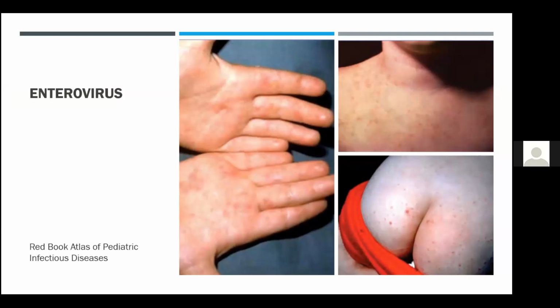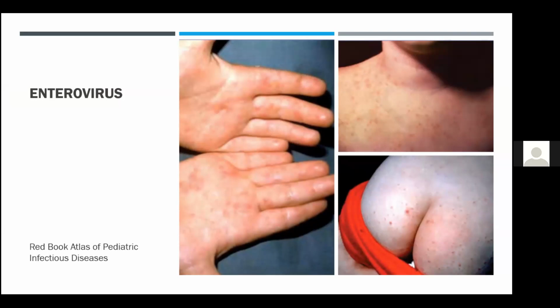So non-polio enteroviruses, the Coxsackie, echoviruses, and others are responsible for significant and frequent illnesses in infants and children, and they can result in multiple clinical manifestations. One of the most common manifestations is just a non-specific febrile illness, and especially in young infants can lead to evaluation for bacterial sepsis, and it can be quite significant and can cause severe illness in newborn babies.